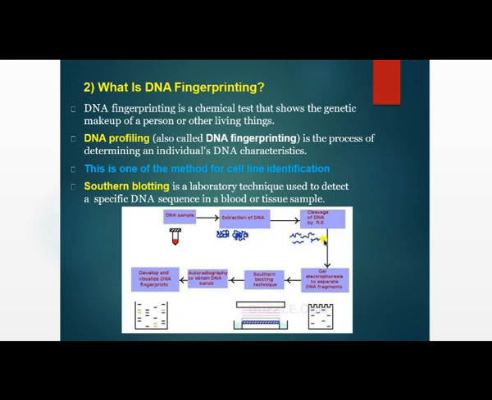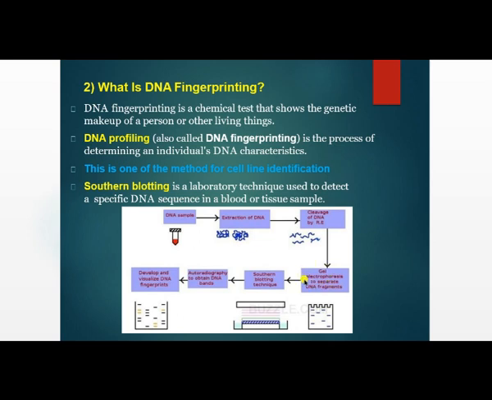Those separated fragments we are going to load for the gel electrophoresis. In gel electrophoresis we separate out the DNA fragments on the basis of their molecular charges, their sizes and their molecular densities.